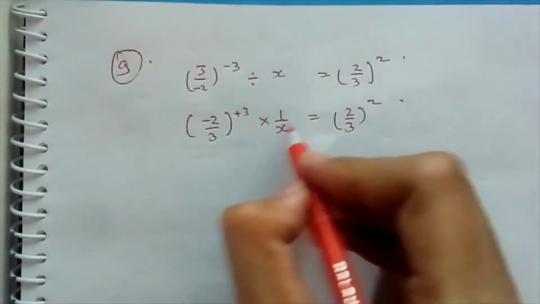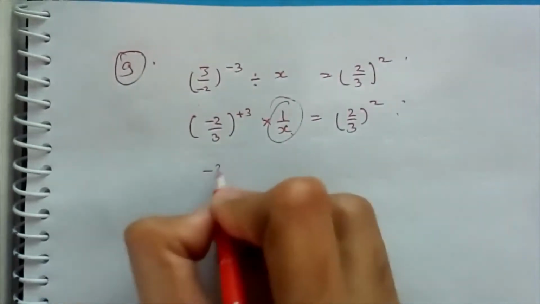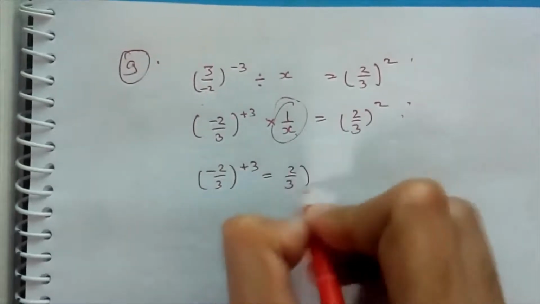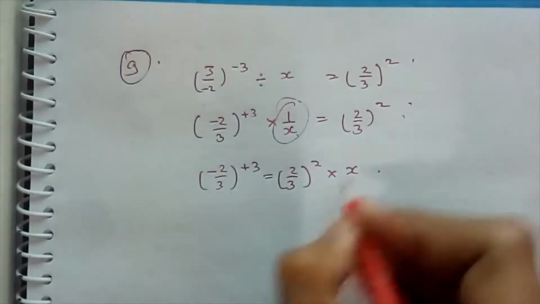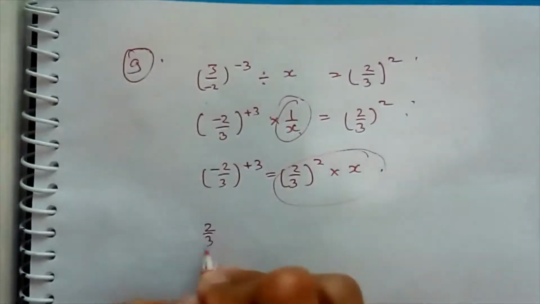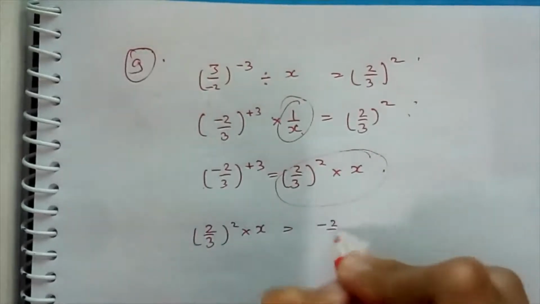Now here if we transfer x to the right hand side, it will go in multiplication like this, and now we will write this part on the left hand side and this part on the right hand side.